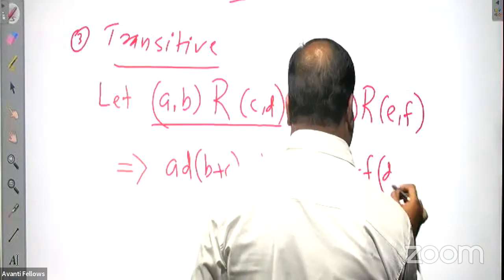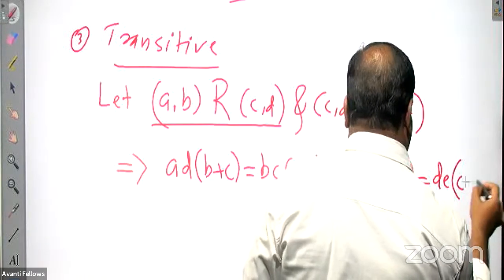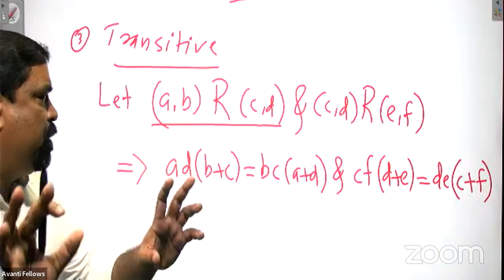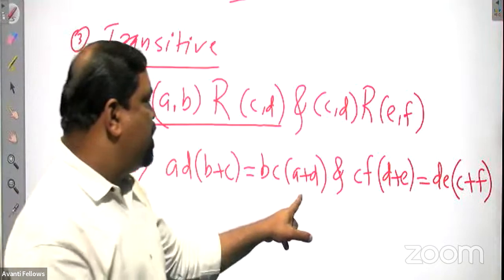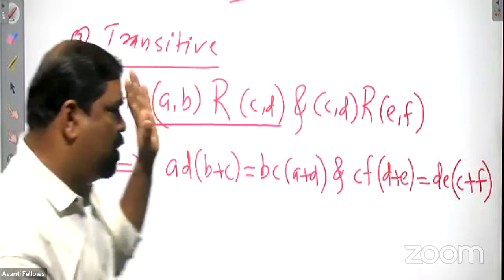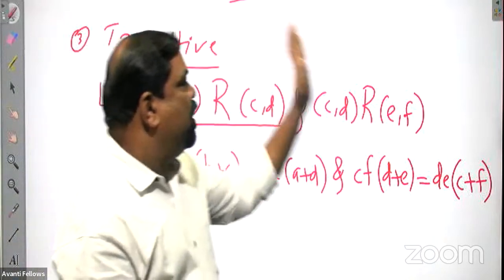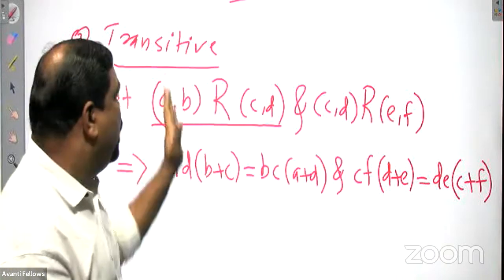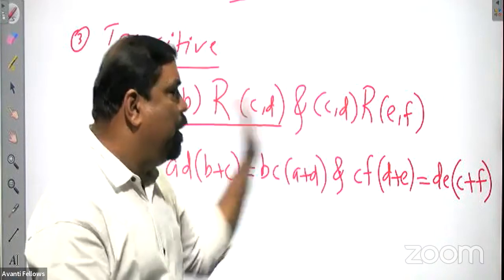CF into D plus E is equal to DE into C plus F. We are applying the given definition of the relation everywhere. Now, using these two conditions, we have to prove that AB related to EF. That is what we have to prove actually: AF into B plus E equal to BE into A plus F.